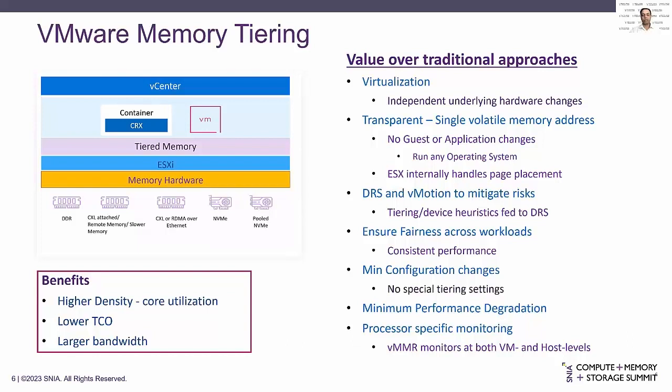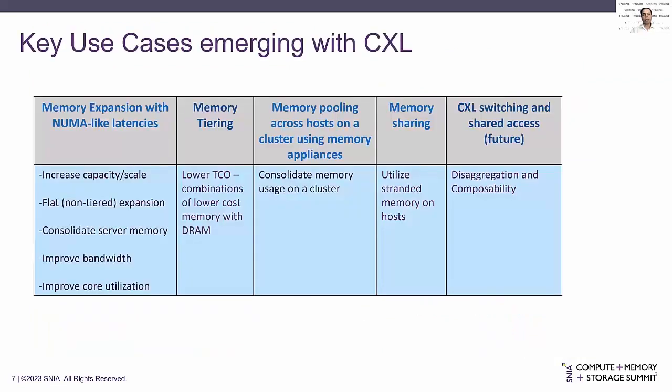And we also ensure monitoring. For example, we recently started supporting VMMR, and that can monitor both at a VM and a host level. It can monitor different types of memory, both on the bandwidth side and the latency side, and it can display those in the vCenter.